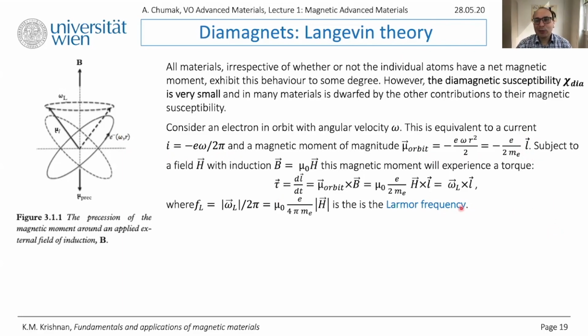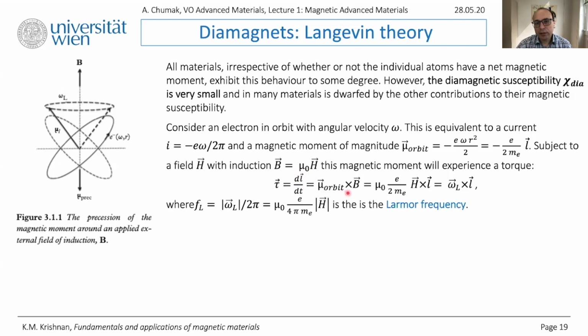And the question now is what happens if you put this magnetic moment into an external field H. As we know already, this magnetic moment will experience a torque, tau, which can be found simply as a cross product of the magnetic moment with the magnetic induction B. By definition, torque is also the temporal evolution of orbital momentum.